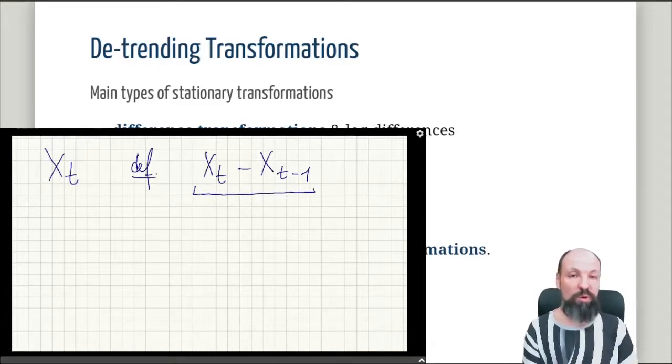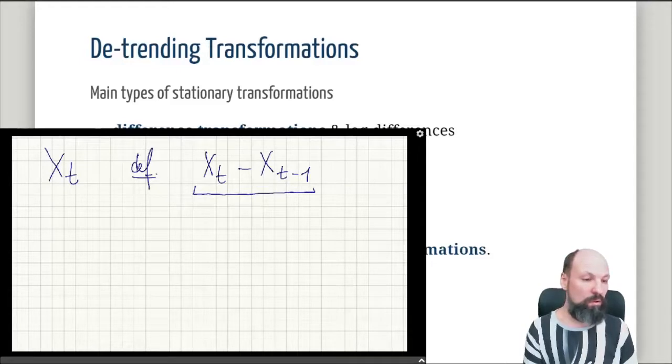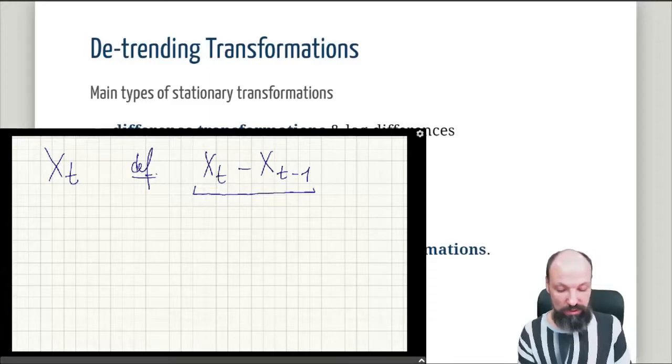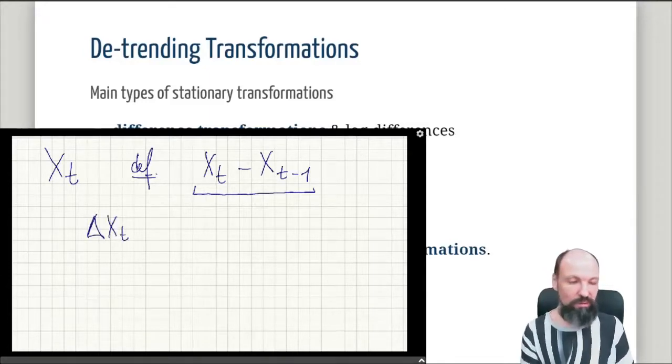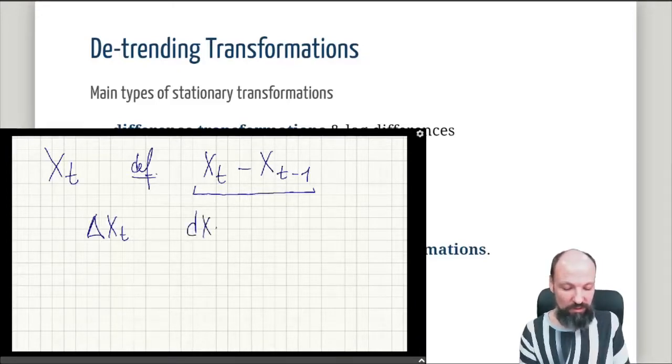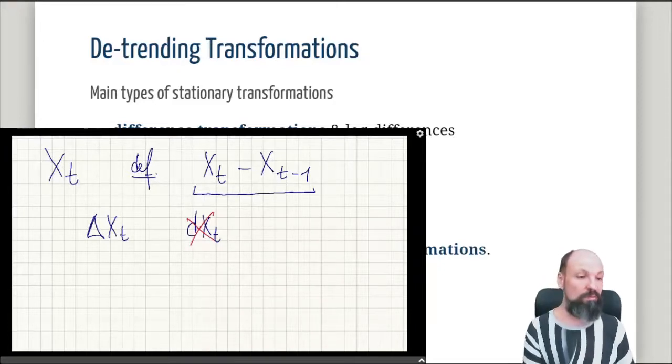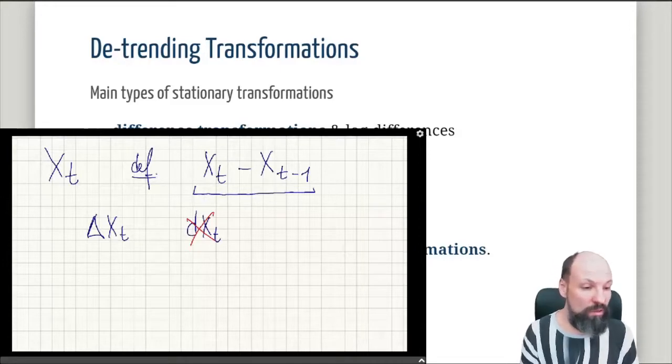This transformation we call the first difference. We denote it as this sometimes. Sometimes you will see this definition, but well, it is not a good practice to combine that mathematical things that we use in the analysis with statistical.